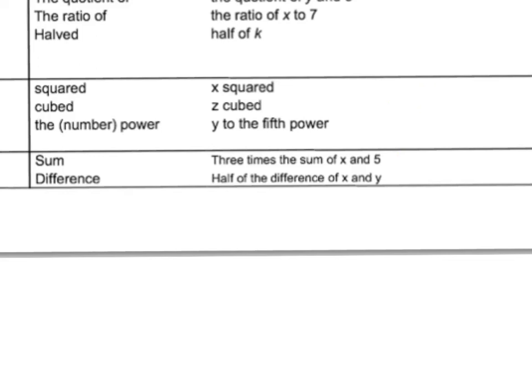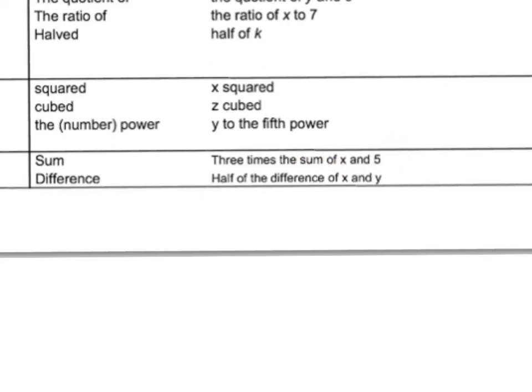Alright, in this bottom section, down here we're going to look at the quantities. So let's go ahead and look at this phrase. This phrase is telling me 3 times the sum of x and 5. I see 2 different types of operations in here. I see times, tells me multiplication, and sum tells me addition. So what's being multiplied and added together? When I look at sum, the sum of, the "of" is kind of like a grouping symbol, so I would use parentheses around the x and 5.